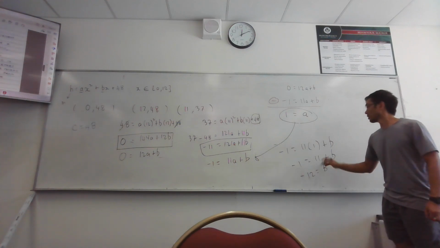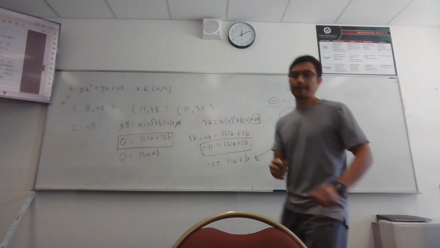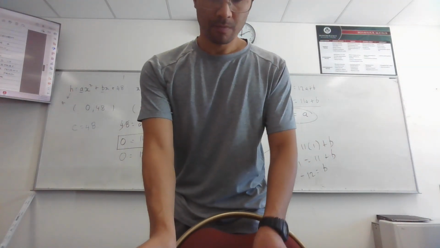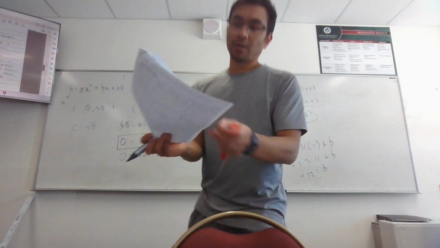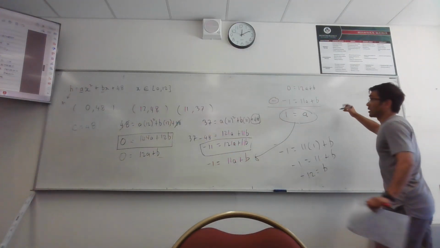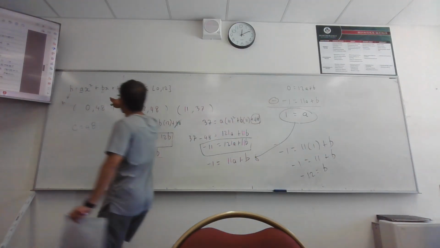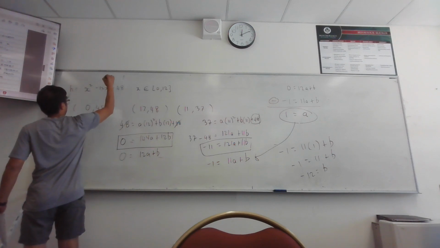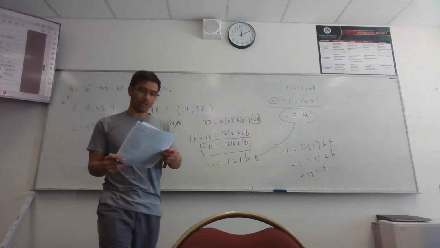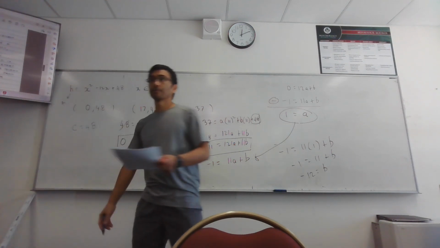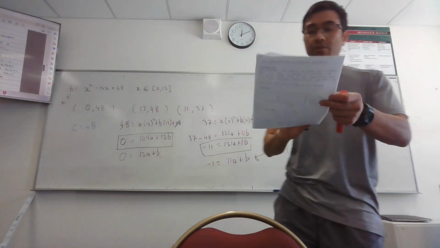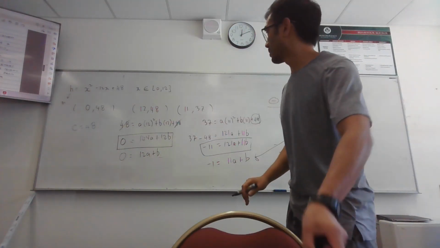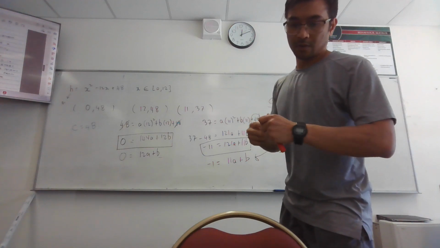Oh yeah, okay. And now, equation all the way back here. Our A is 1 and our B is negative 12. Okay. We found the equation.